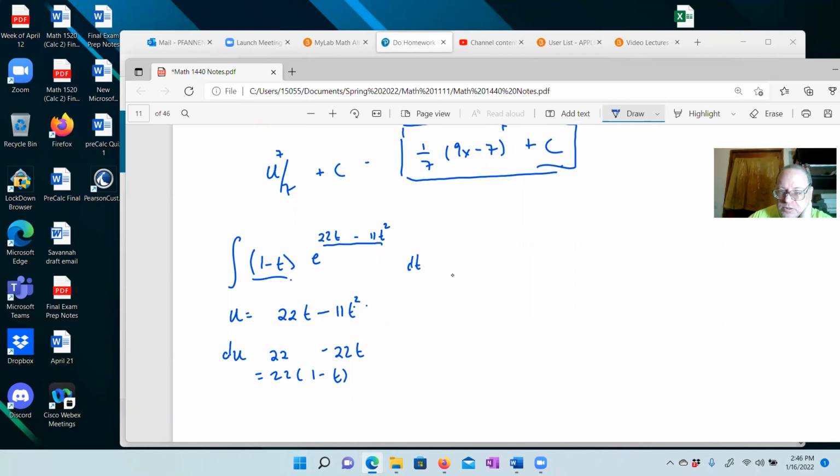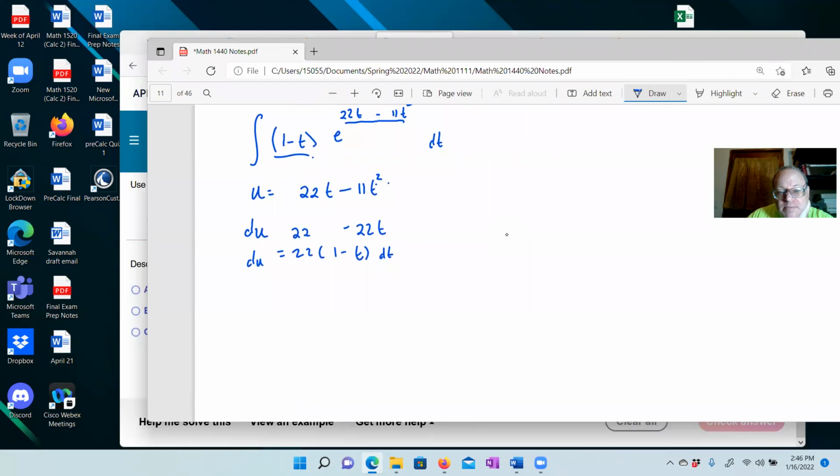So what we're going to do is du equals that. I'll do it the way the book does it today. There's multiple ways to go about this. My dt is equal to du over 22 times 1 minus t.